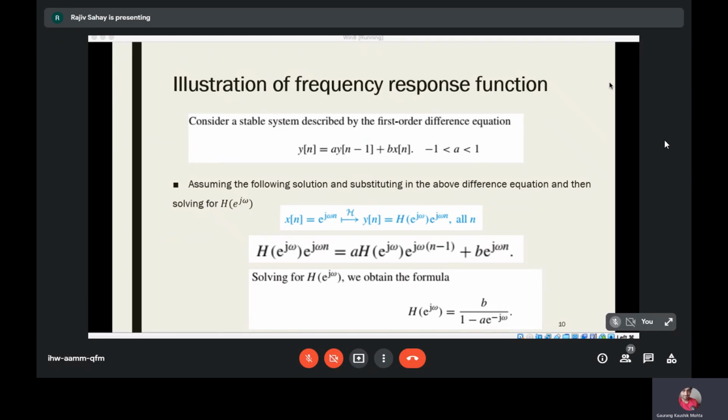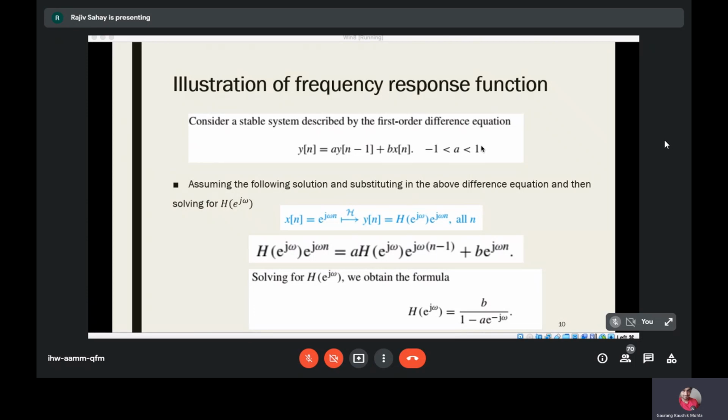If you recollect, this was a stable system because A is going from -1 to +1. This is the single pole, going from -1 to +1. If it is a real pole staying on the real axis between -1 and +1, that is, all poles are inside the unit circle, then it is a stable system.